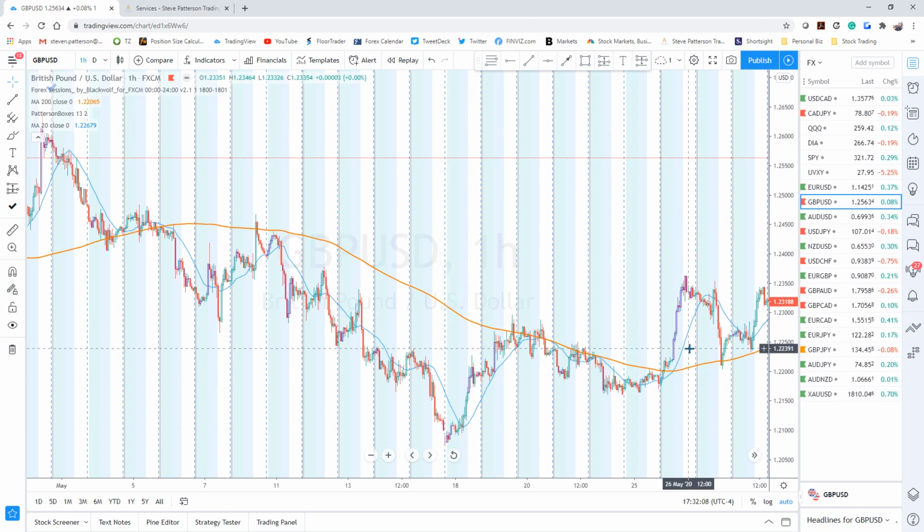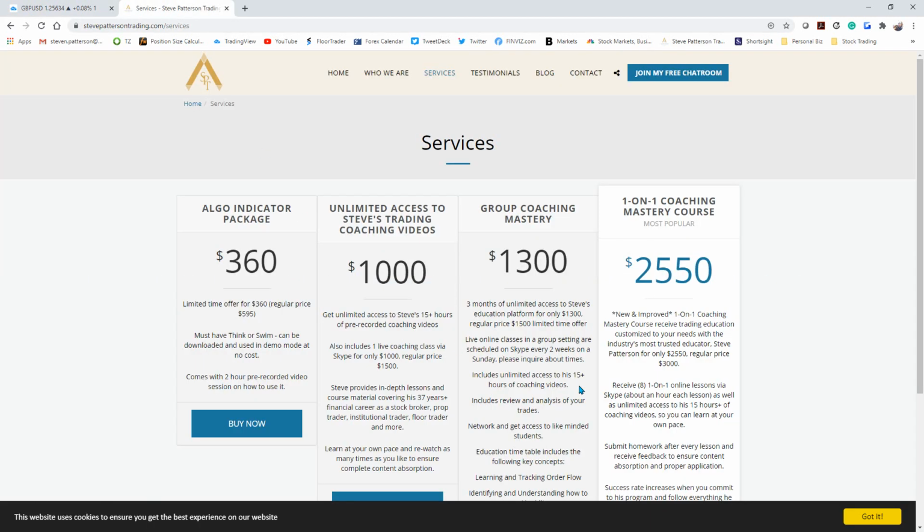So yes, it can be used to day trade, but ideally the algo is more of a mid-range trading process that is designed to get you to take a small account, use the algo, make some money, and then ultimately be able to afford my one-on-one mastery course.